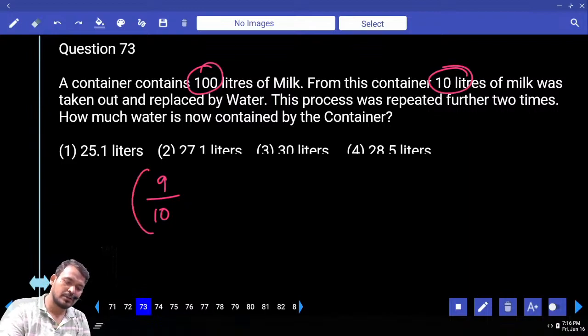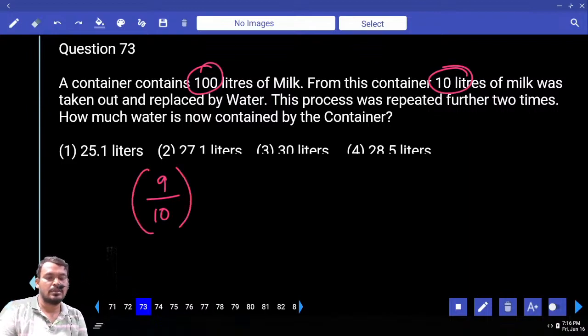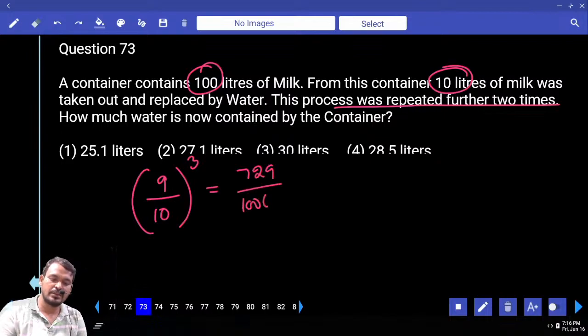How many operations are there? 3 operations. Already first one, this process is repeated further 2 times. Overall 3 operations, 9 cube is how much? 729. 10 cube 1000. Means initial milk quantity 1000 parts, final milk quantity 729 parts.